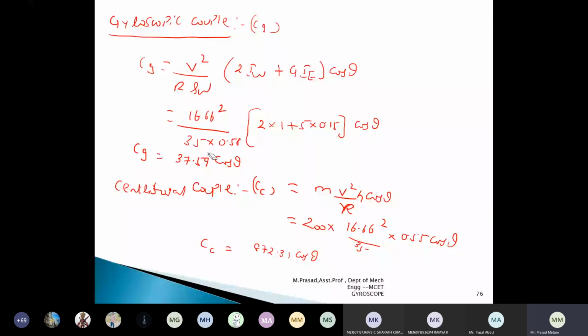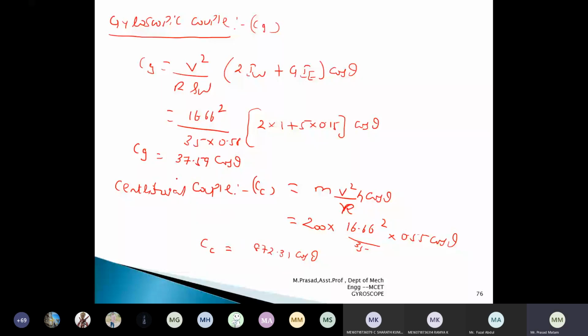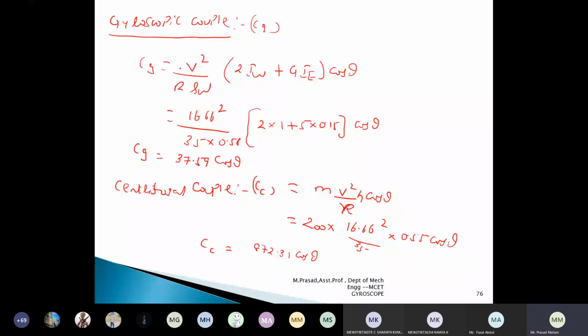Is this sure, 37.59? Please answer anyone. Students first. Okay, I am assuming this is sure. Let me continue. Centrifugal couple over, gyroscopic couple over. Now find the total couple. C is equals to gyroscopic couple plus centrifugal couple. What is the gyroscopic couple you got here? 37.59.